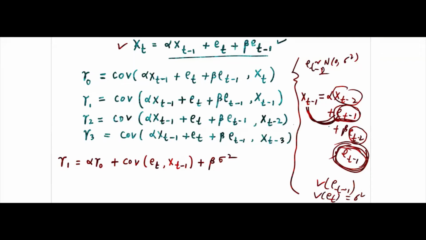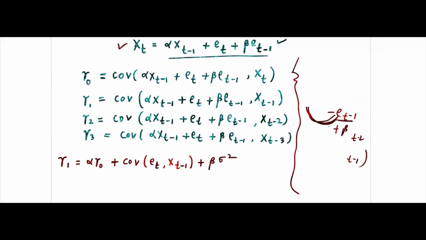Et minus 2 also normal 0 sigma square. With this assumption, we are doing the whole time series. In econometrics, you will have a lot more: we consider E1, E2, E3 with different sigma square. That is heteroscedasticity. We are not doing that here. In our course, we have constant variance.